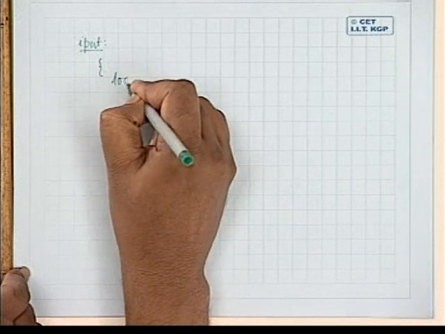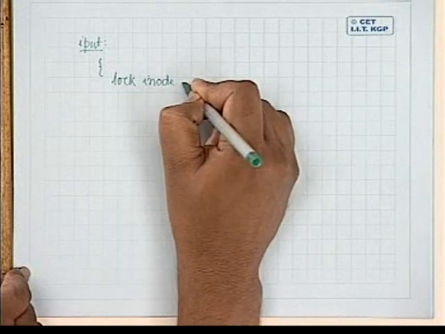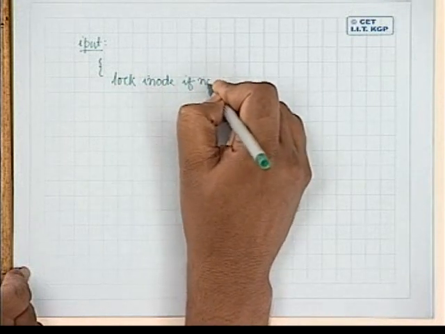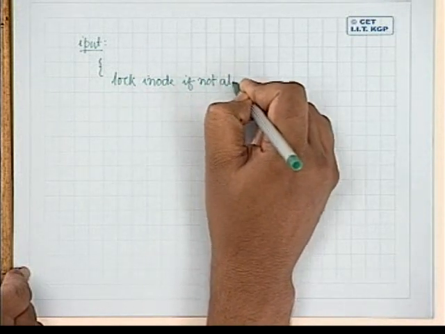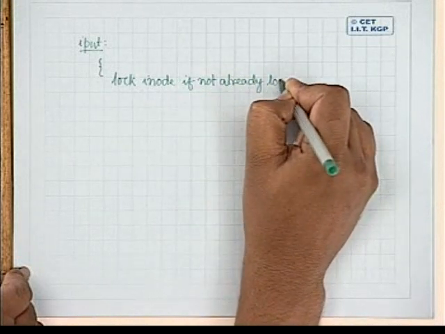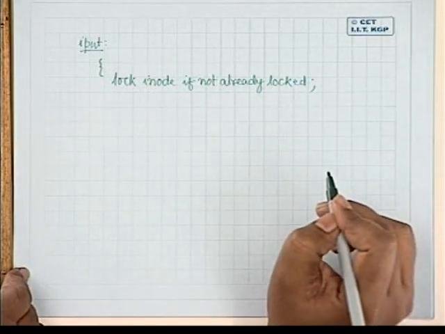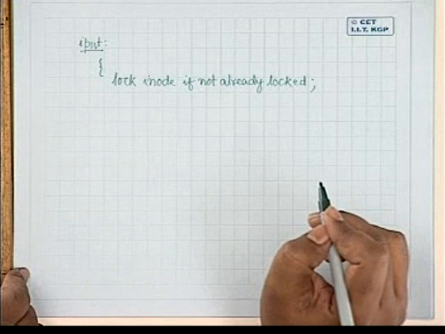First operation that has to be done is: lock inode if not already locked. Because you are going to manipulate some of the fields in the inode.